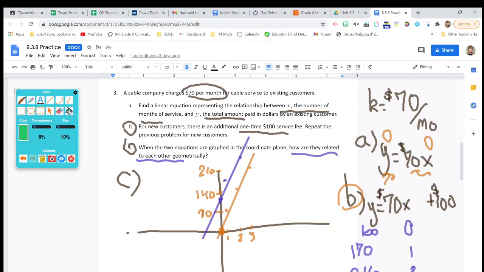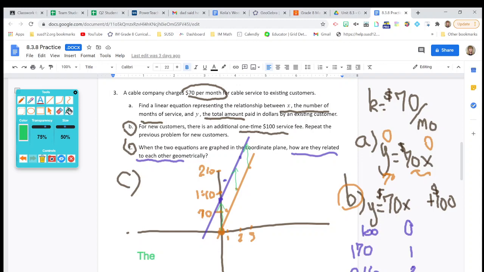So this point on the figure would move by the same amount in the same direction. This point, same amount, same direction. This point moves by the same amount in the same direction. So you can see how these are related geometrically.